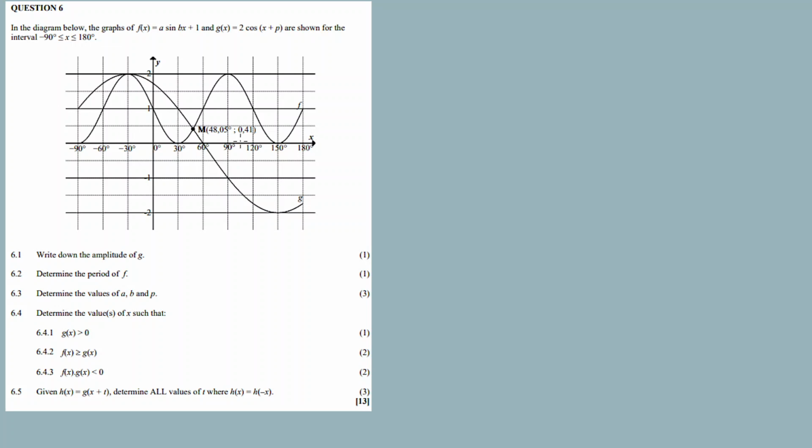But let's see what they ask us in 6.1. They say write down the amplitude of g. 6.1, the amplitude. What is an amplitude? An amplitude is always, let's say you have a sine function. Let's use the sine function as the example. You have a sine function like this.